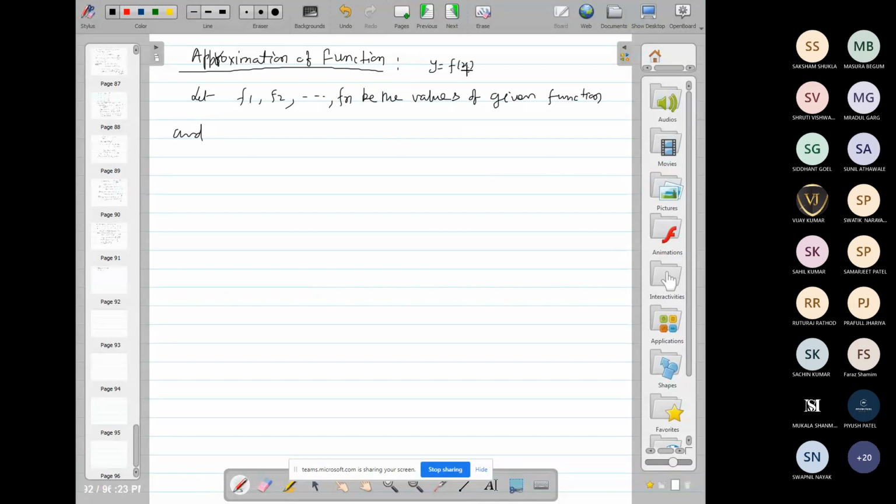For x1 the value is f(x1), that is suppose f1, and for x2 it is f2, up to fn.